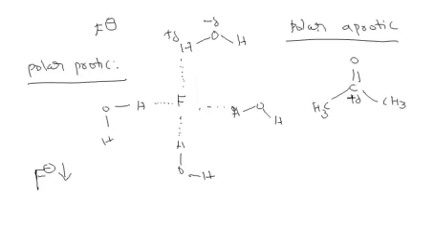These polar aprotic solvents are polar enough that the nucleophiles will dissolve, but no hydrogen bond is formed. That is why F minus is free, so the nucleophilicity of F minus will be more. That is how the nucleophilicity of fluoride changes in polar protic and polar aprotic solvents.